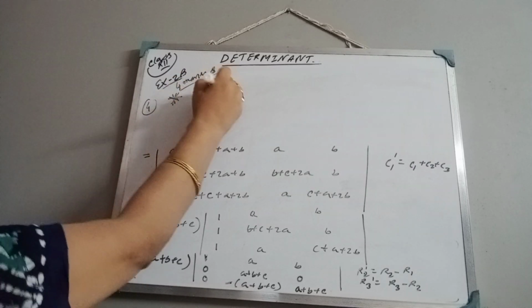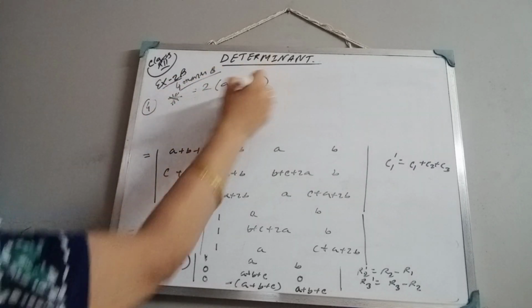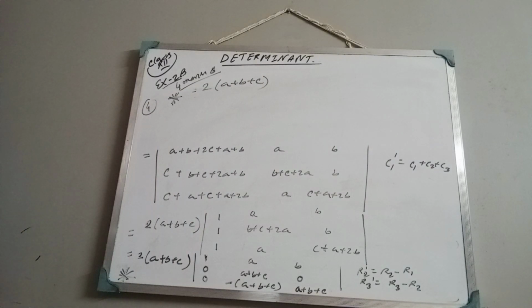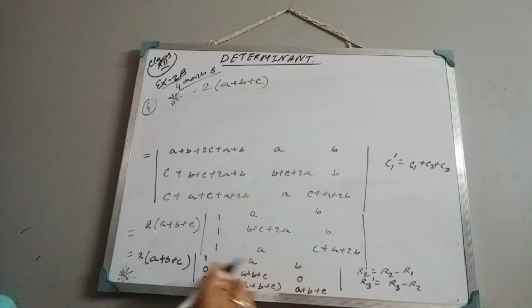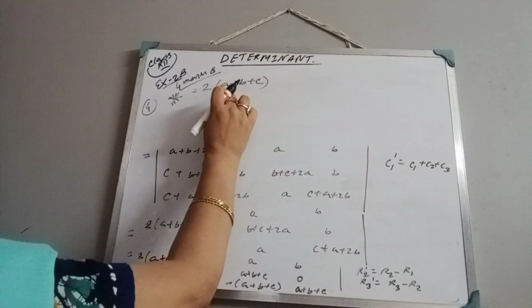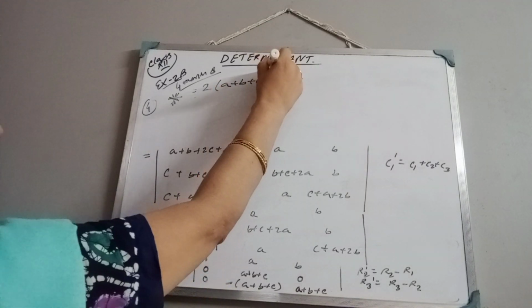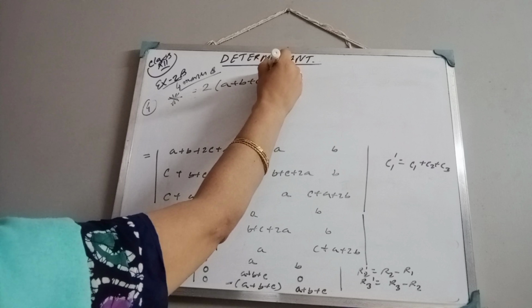This is equal to 2 into A plus B plus C. At first, from the second row, A plus B plus C we can take outside, and from the third row also we can take outside A plus B plus C. That means A plus B plus C is already existing, so it will be 2 into A plus B plus C whole cube.